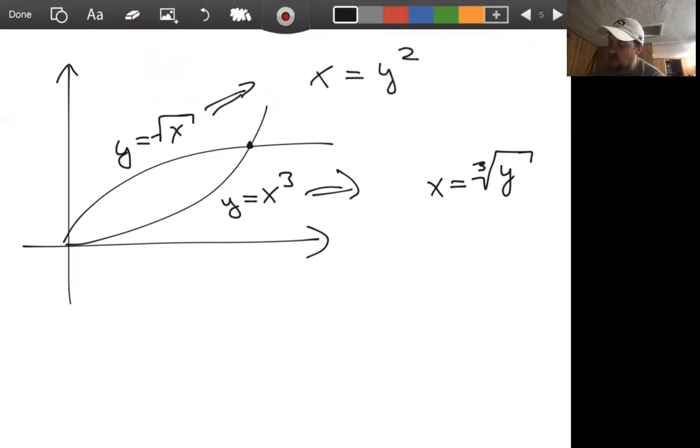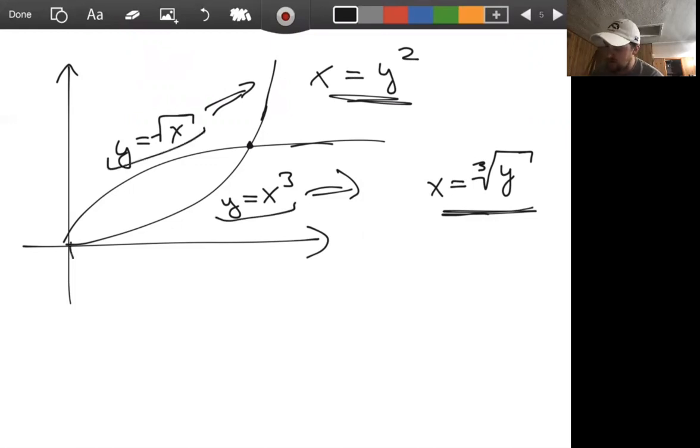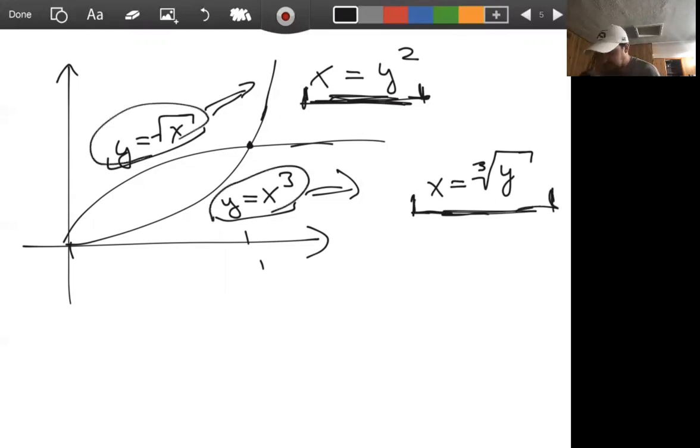You can see we just solve for the other variable, right? Here, this is a type 1 region, so our y bounds are functions and our x bounds are constant. But for a type 2 region, we want our y bounds to be constant and our x bounds to be functions, right? And so we can write our x bounds in terms of the functions that used to be the y bounds.